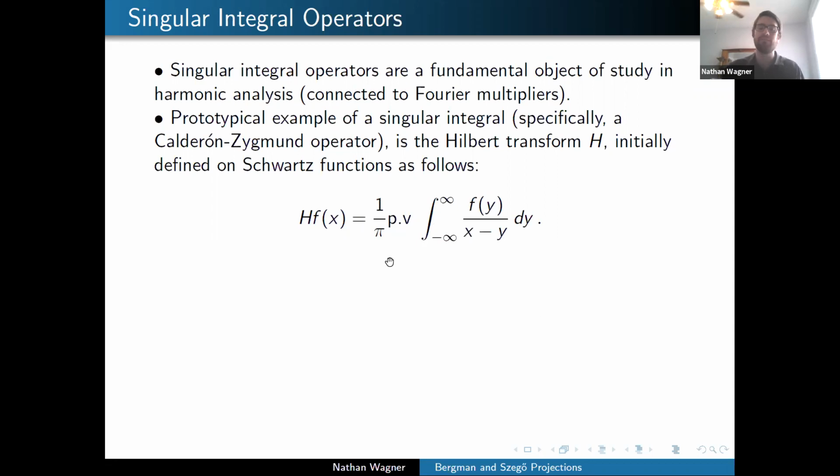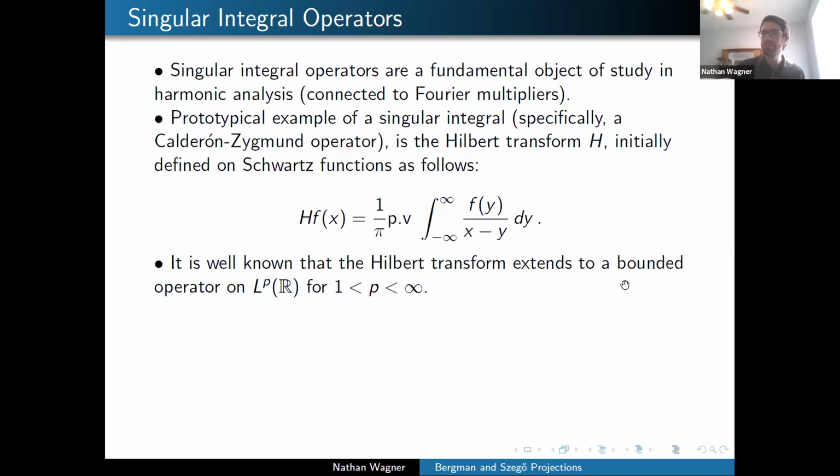To be careful, you have to start by defining this on Schwartz functions to make sure that you have enough decay as you go to infinity so that things are integrable. And then you need to specify that this is a principal value integral, right? Because you're integrating through a singularity here, and you need to make sense of that. But for Schwartz functions, this expression actually makes sense. And then you show that it can be extended to other function spaces.